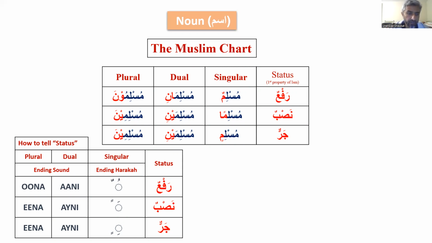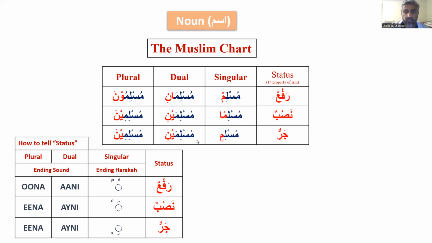And if it is a plural ism and the ending sound is una, then it's Rafa. And if the ending sound is ina, like Muslimina, then it is either Nasab or Jar. So coming back to the Muslim chart: Muslimun, Musliman, Muslimin, Rafa, Nasab, Jar.